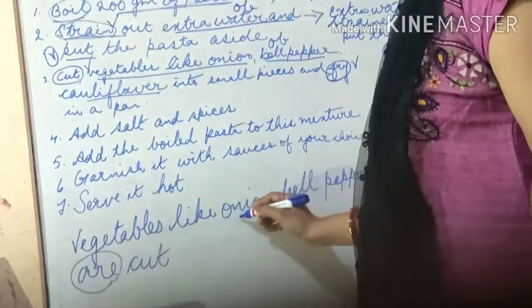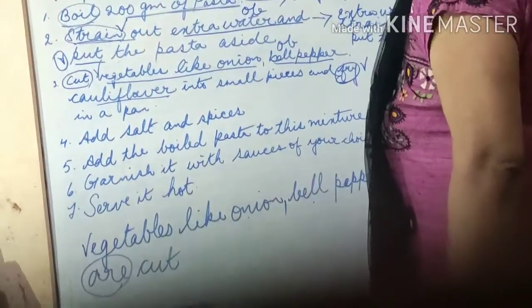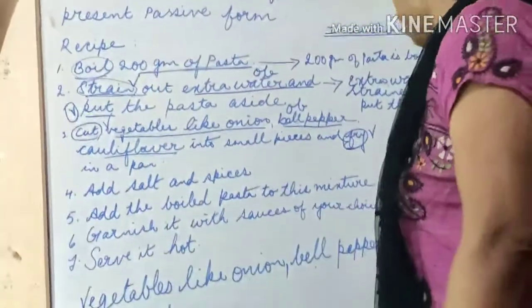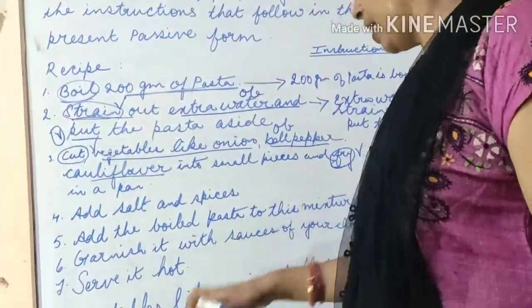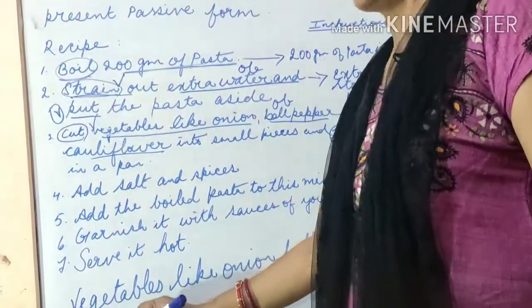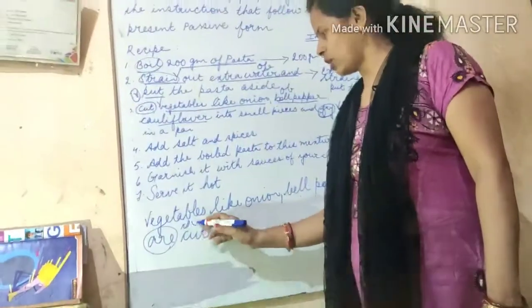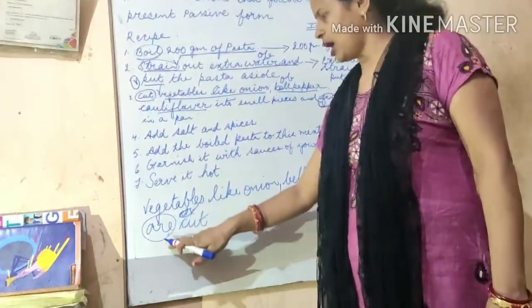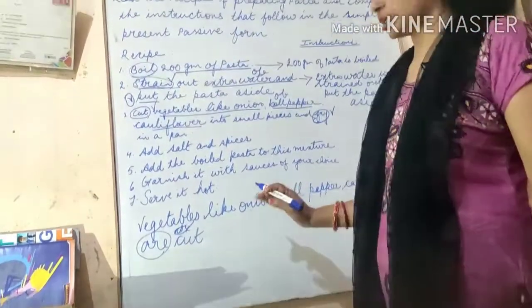So vegetables like onion, bell pepper and cauliflower. There are 3 vegetables here, so we are taking 'are'. Students generally make mistakes in changing is and are. They generally write is. No, this is wrong. We have to use 'are' because 'are' will agree with the plural subject.